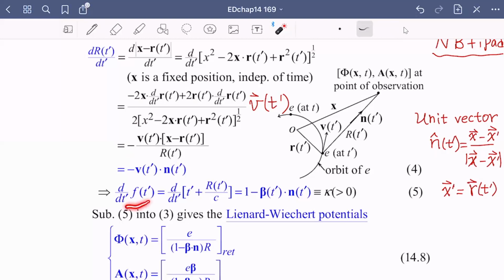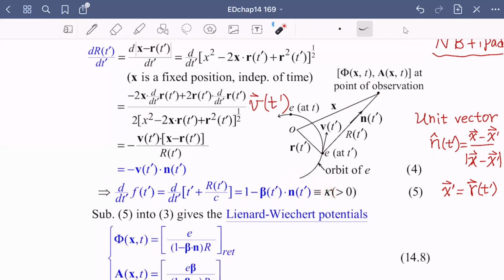So this one is, once again, very easy, just one. But this one gives us R here divided by c. So it's beta, the normalized velocity, dot the direction from the source to observer, which is defined as kappa.